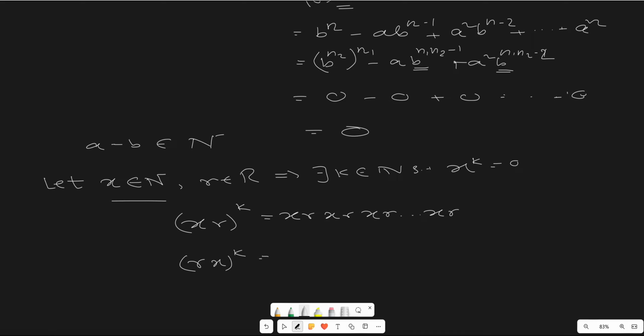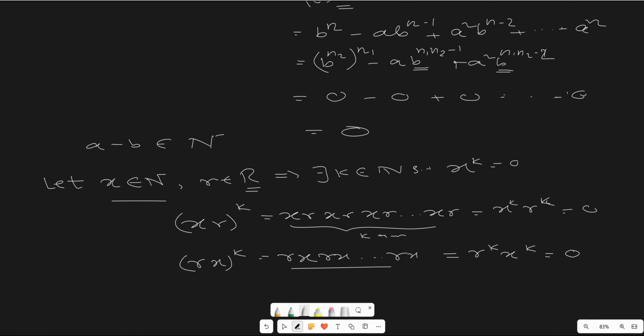Suppose you assume that R is commutative, so you can write it as x to the power k, r to the power k, k times. This is going to be 0, because x to the power k is 0. Similarly for rx dot dot dot rx, k times, this is actually r to the power k, x to the power k, and x to the power k is 0, this is anyway 0.